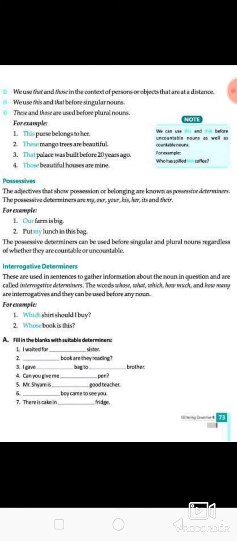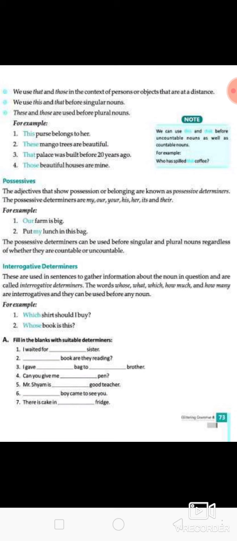For example, our farm is big. Put my lunch in this bag. The possessive determiners can be used before singular and plural nouns, regardless of whether they are countable or uncountable. This is the main thing, we must note it down.